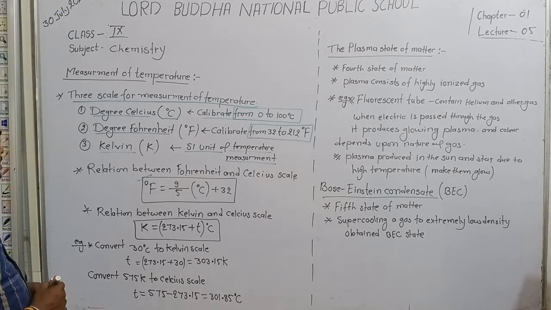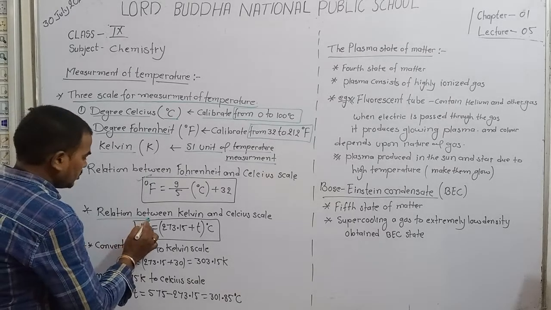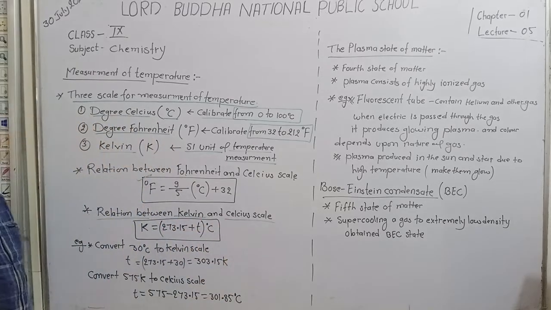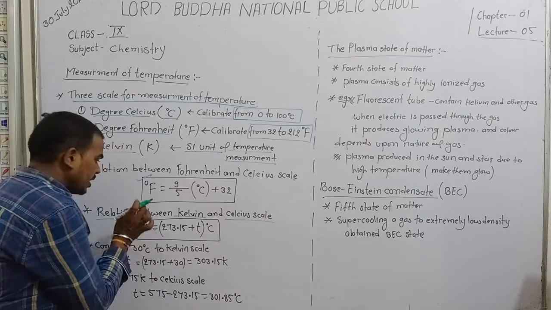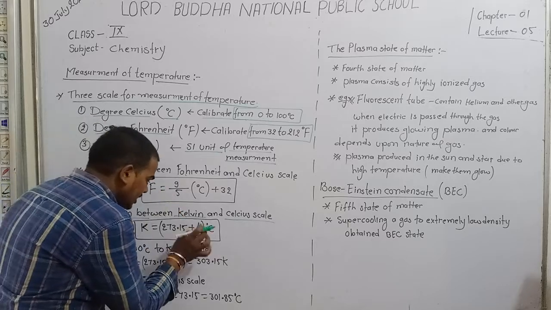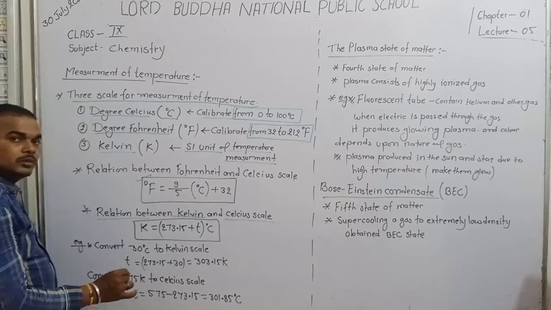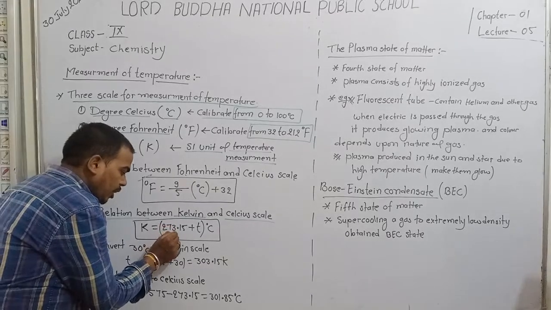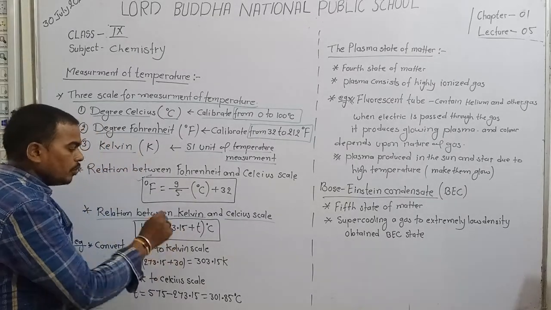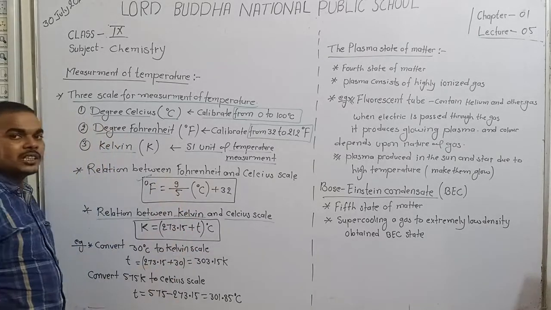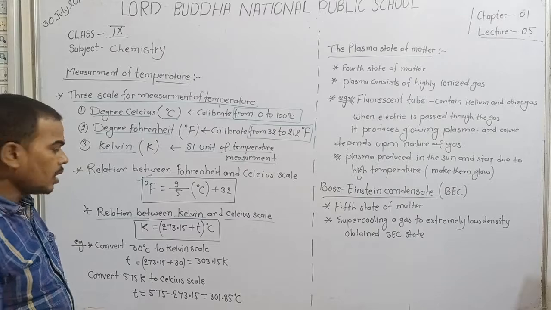Now let's discuss the relation between the Kelvin and Celsius scales. Dear student, for the relation between Kelvin and Celsius, you add 273.15 to the temperature in degree Celsius given in the question.